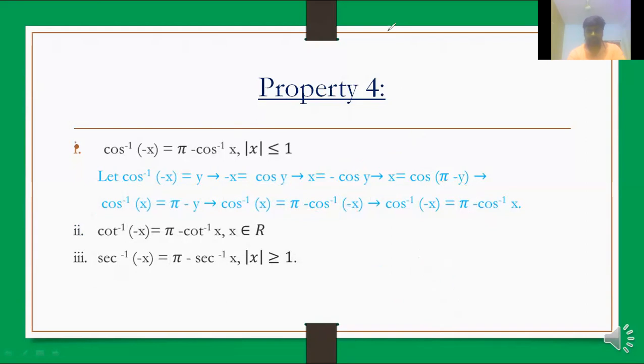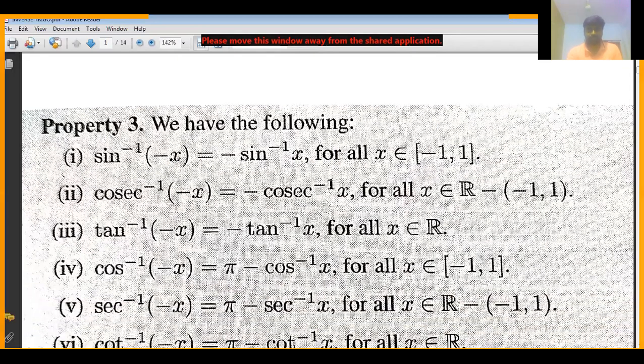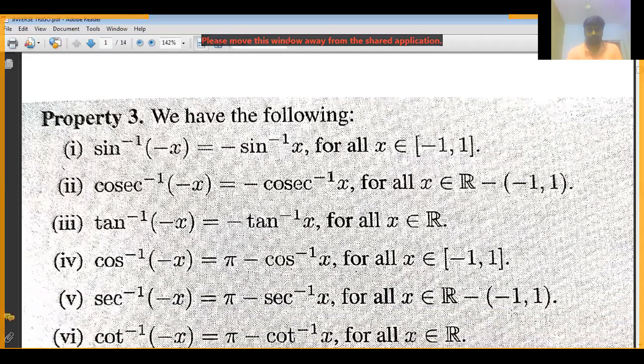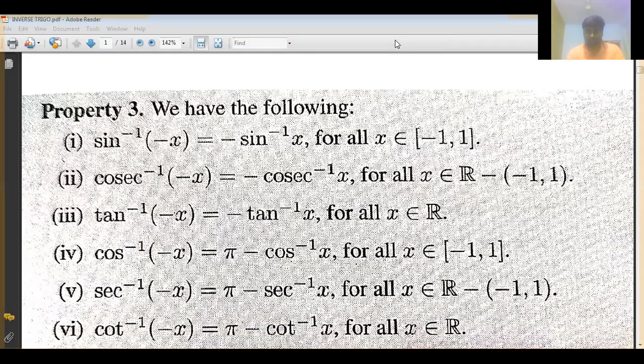Let us see these properties in one separate slide. Just have a look at that. Now see here, sine inverse of minus x is minus sine inverse x, where x belongs to minus 1 to plus 1, that is the domain of that.